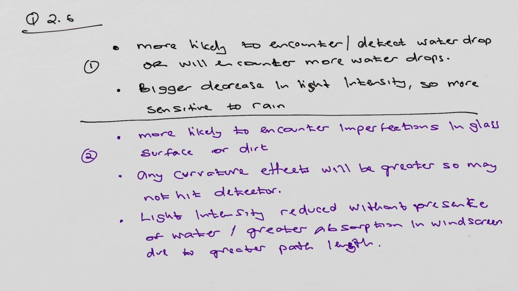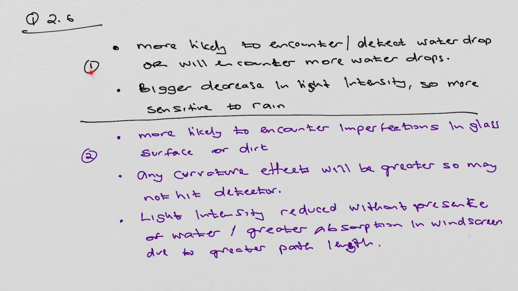Question 2.6. A different design has the LED and the detector further apart. The ray undergoes more reflections inside the windscreen glass before reaching the detector. Discuss two ways in which this different design affects the sensitivity of the sensor to the presence of water droplets.